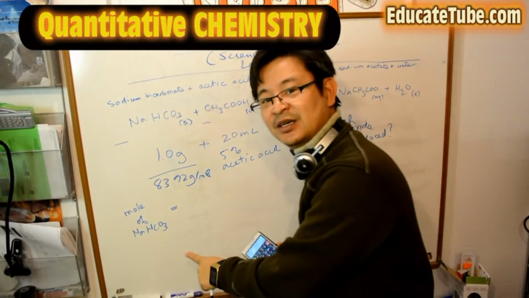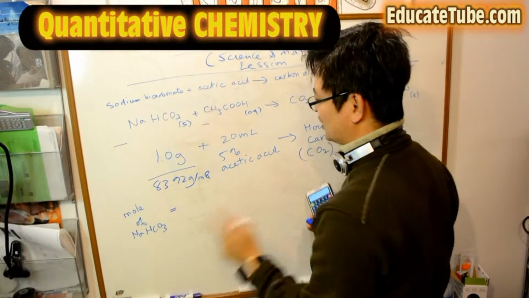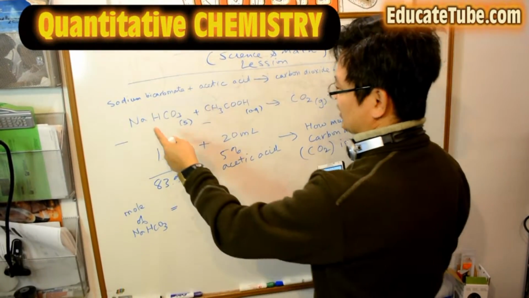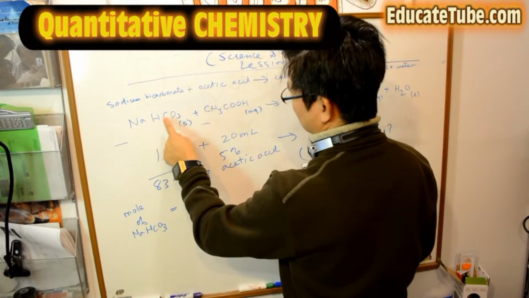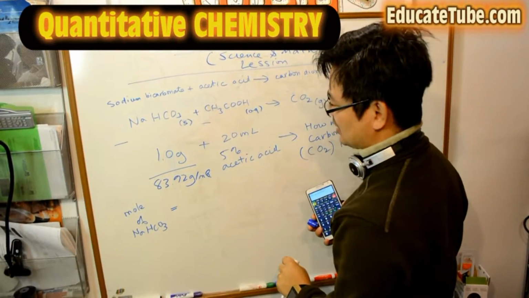So what I have here is a mass of sodium bicarbonate of 1 gram, divided by its molar mass, which we just calculated by adding up the molar masses of sodium, hydrogen, carbon, and three oxygens, and I got 83.92 grams per mole.